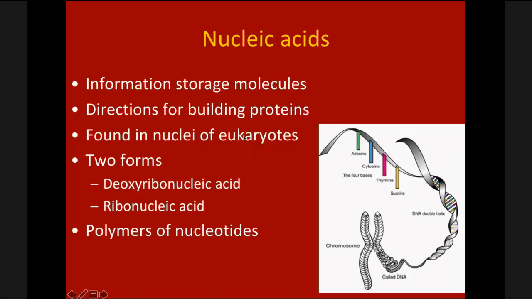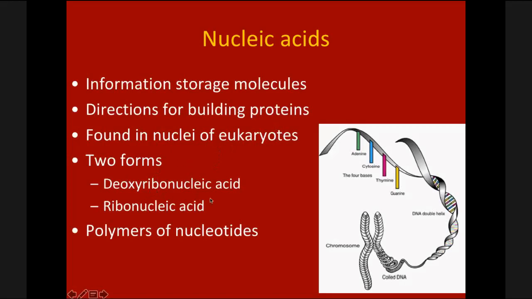Nucleic acids are found in all living organisms. In eukaryotes, organisms that have a nucleus, the nucleic acid is going to be found inside the nucleus where it's nice and protected. Prokaryotes, like bacteria, have nucleic acids too, it's just not in a nucleus. So bacteria have DNA.